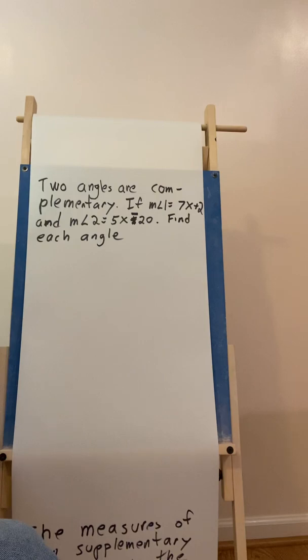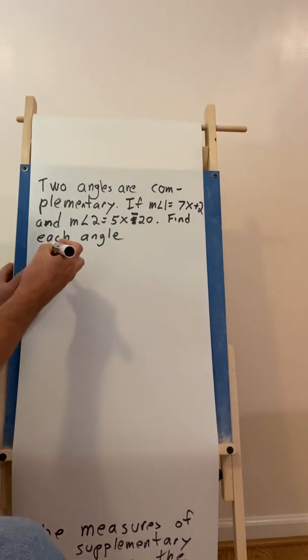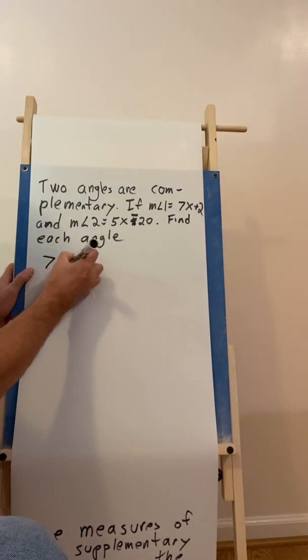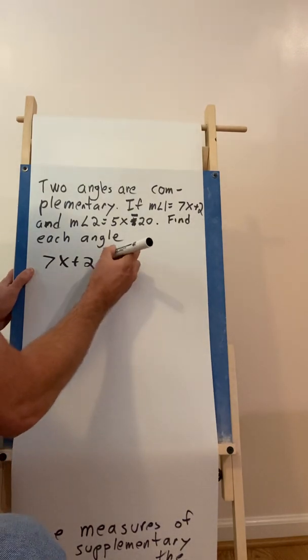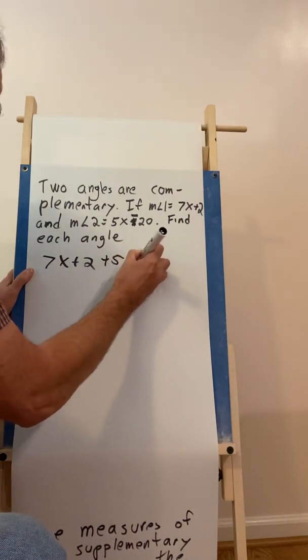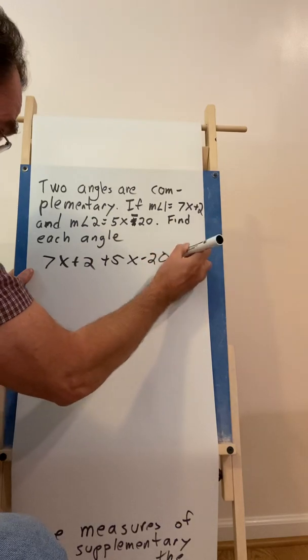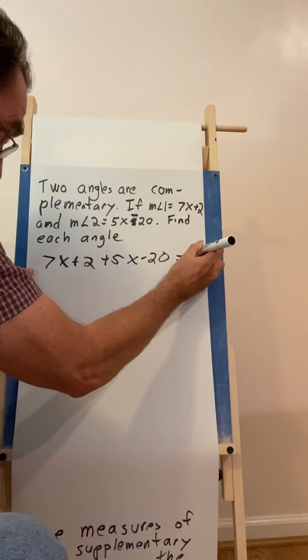You can't really erase on this, can you? Not like the smartboard. So, angle 1 and angle 2 add up to 90. So we're just going to take angle 1, which is 7x plus 2, and angle 2, which is 5x minus 20, and that's going to equal 90.